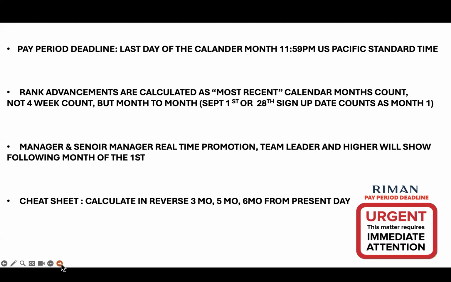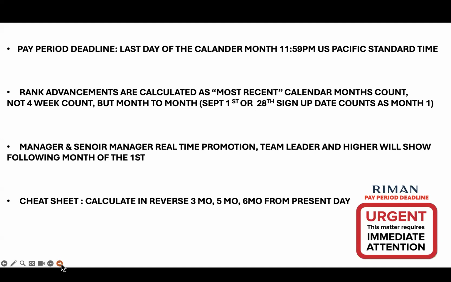Okay. So when you first get started, obviously you're a planner. The next position is manager and then senior manager. Manager and senior manager get promoted in real time. So let's just say you get the job done on the next update, you will be promoted in real time, as long as you have met the qualification.